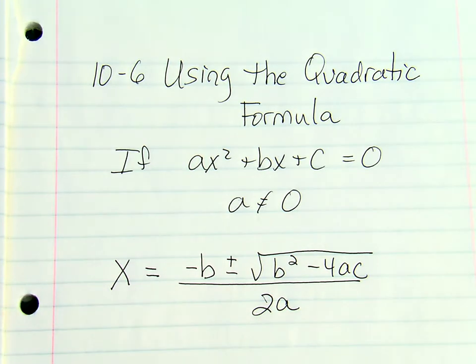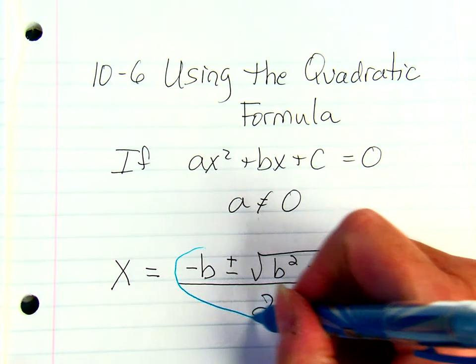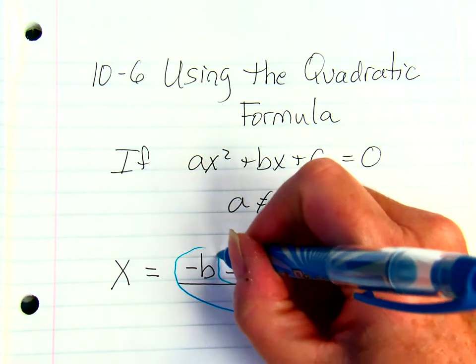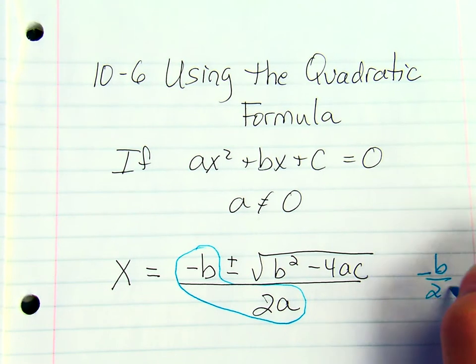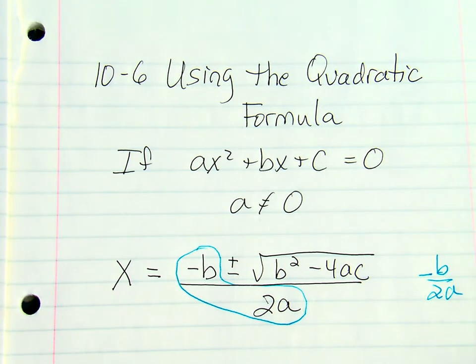So, what I want you to see are the parts of it that I think are really interesting. First off, this part of it, negative b over 2a. Where did we see that before? Maybe that's the axis of symmetry. So we've been working with negative b over 2a for a while.